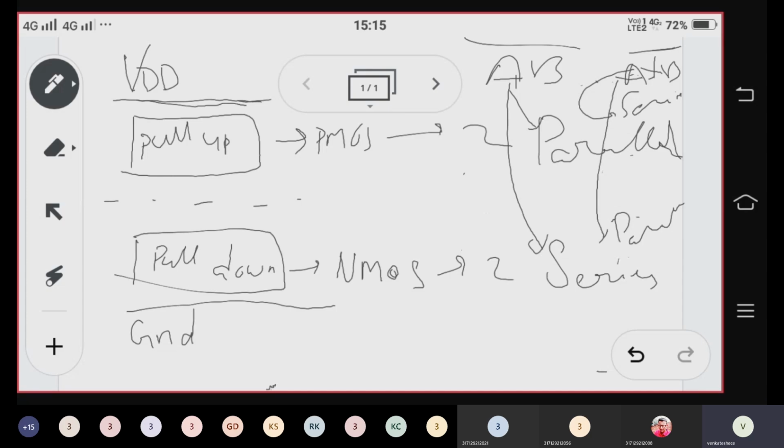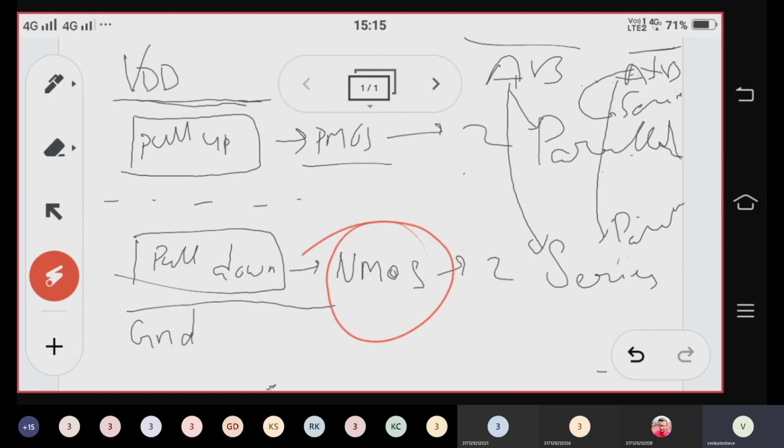Initially, in CMOS technology, we can design a circuit using pull-up transistors as well as pull-down transistors. In pull-up transistors, we will use PMOS technology, whereas in pull-down transistors, we will use NMOS technology.